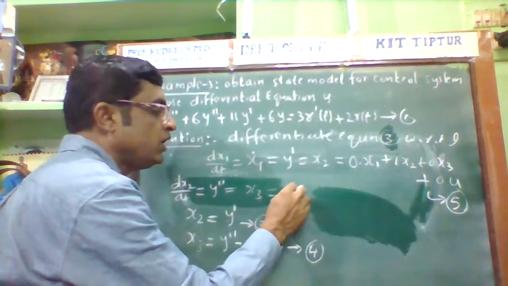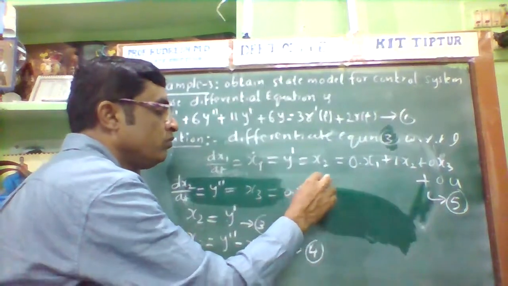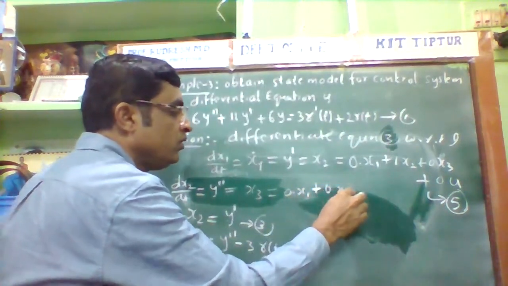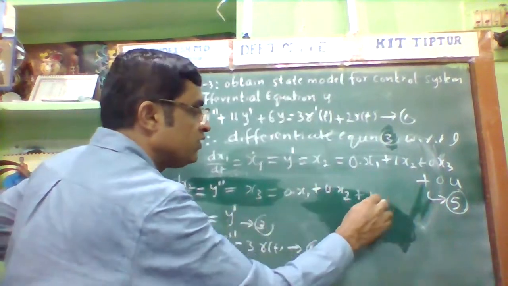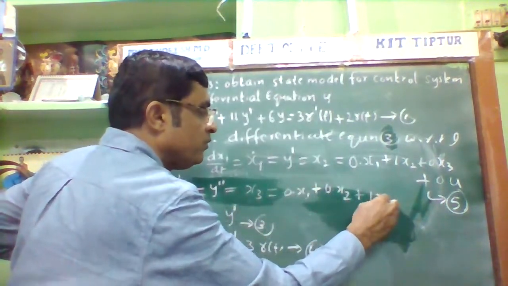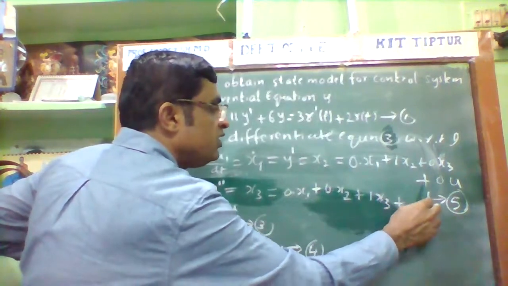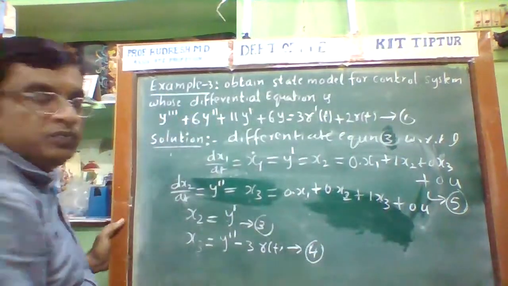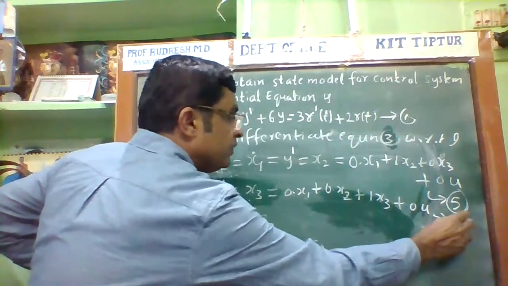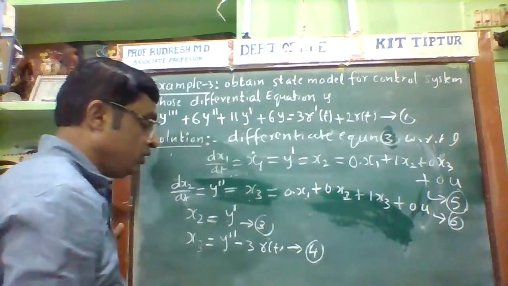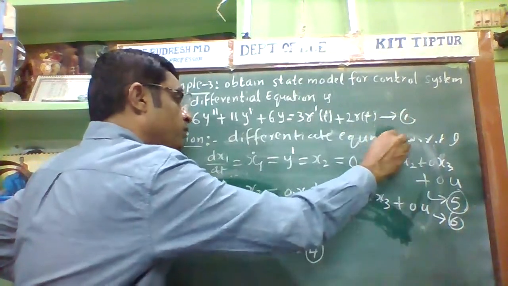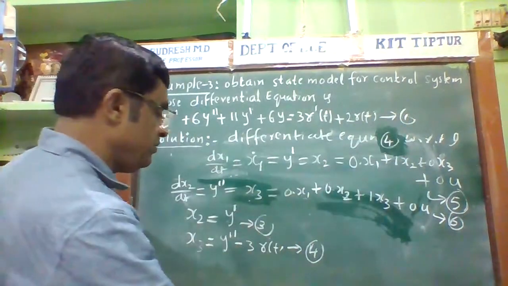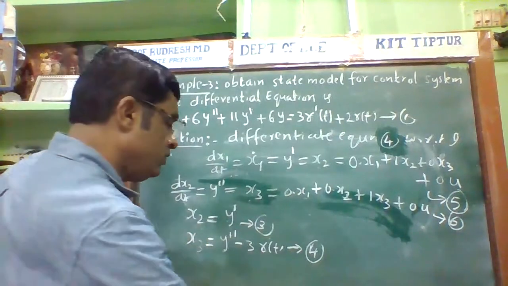This can be written as 0 into x1 plus 0 into x2 plus 1 into x3 plus 0 into u. Now this is equation 6. Now similarly, differentiate equation 4 with respect to t.